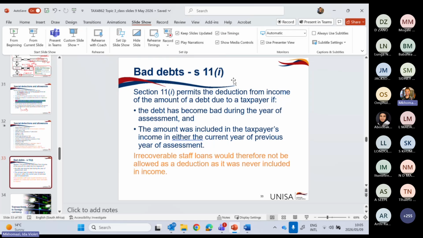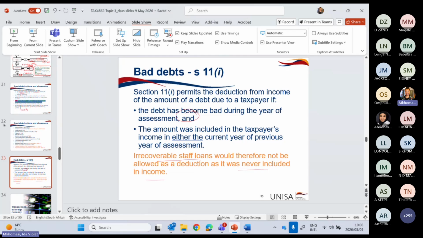The principle for bad debt or 11I is that you can get a deduction if the debt has become bad during the year of assessment and that amount was included in the taxpayer's income either in the current year or in the previous year of assessment. So this would mean that if there are any loans that are irrecoverable, you will not get a deduction for them because they were never included in income.